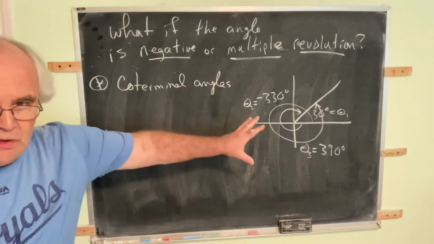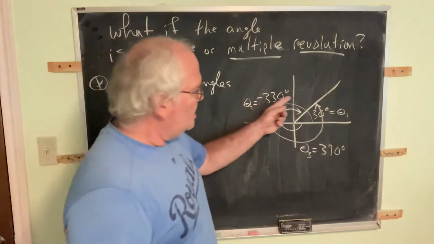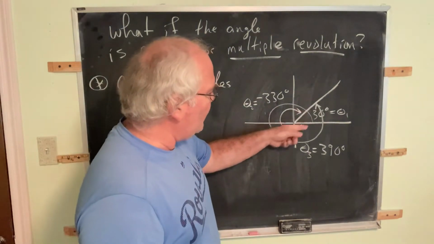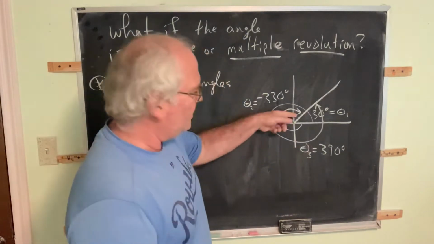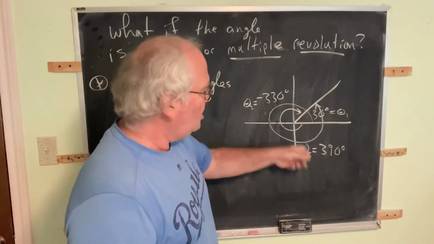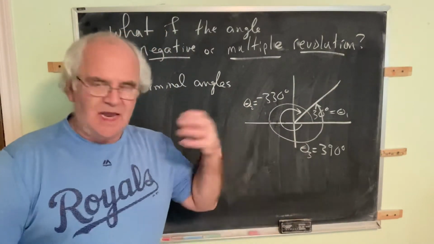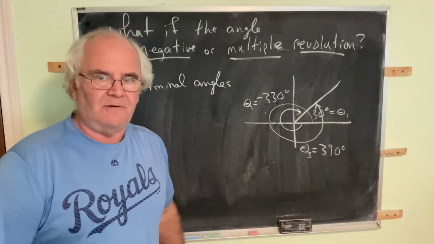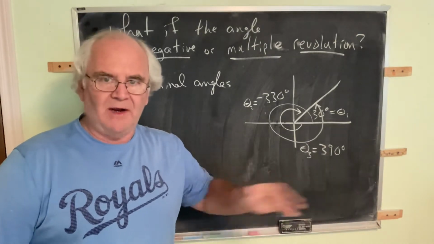Those are all coterminal. You could take 30 minus 360, it's negative 330. Subtract another 360, or add another 360. You can add or subtract as many revolutions as you like, generating each time another coterminal angle. It doesn't matter how many times you do it. It doesn't matter which coterminal angle you find.